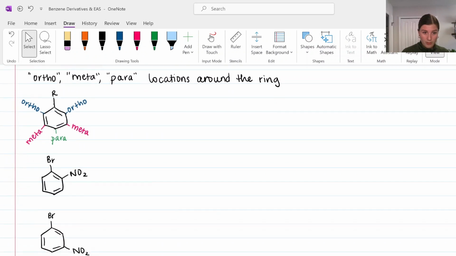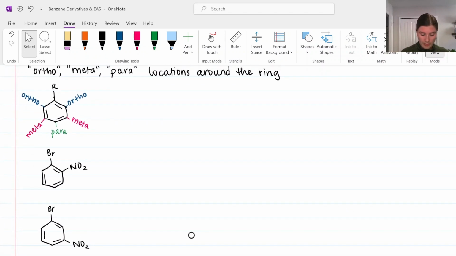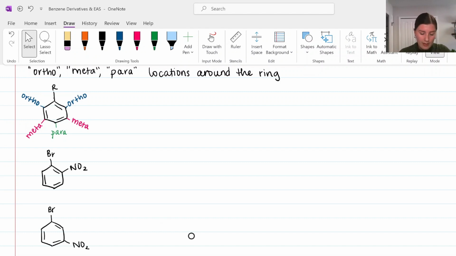Actually, we'll have to do these 2, and then we'll do the third one, just because I can't show everything on the screen at the same time. So in the first molecule, the bromine and the nitro group, those 2 groups are adjacent to each other. They're on adjacent carbons. So these 2 substituents have the ortho relationship.